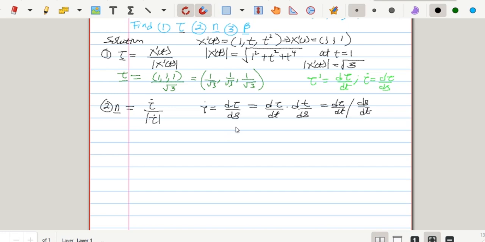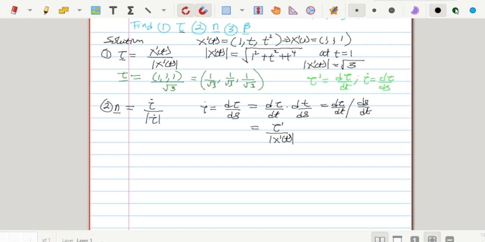And this is equal to d tau over dt, which gives us tau prime, and this is divided by the absolute value of this, because remember ds over dt is our arc length, and this is the formula for the arc length.